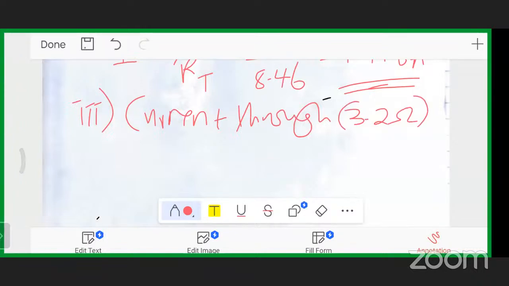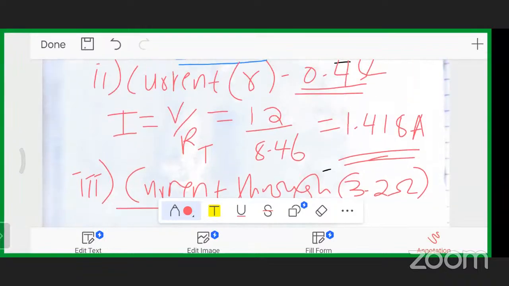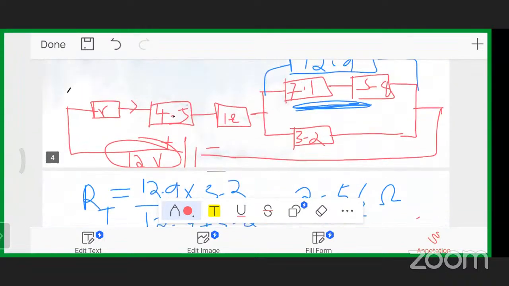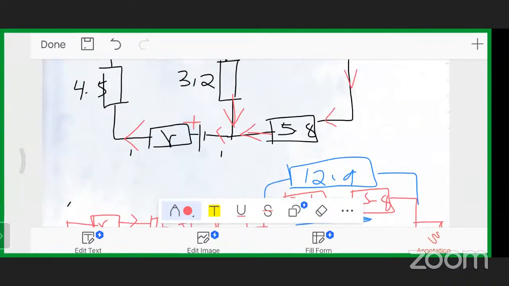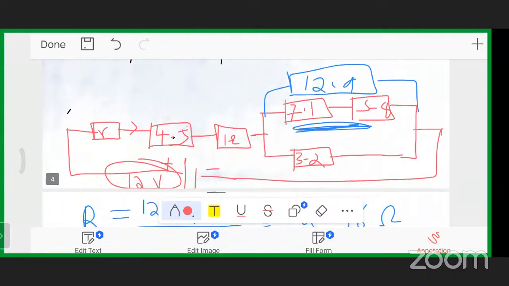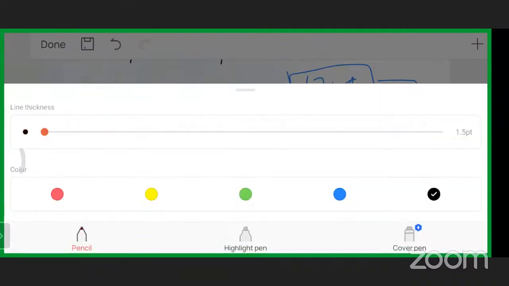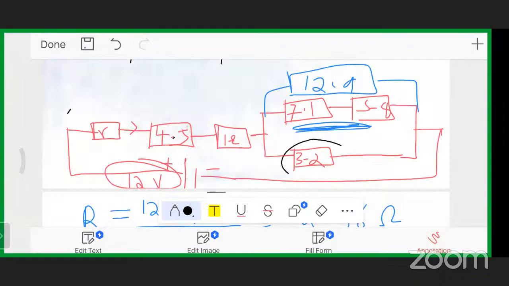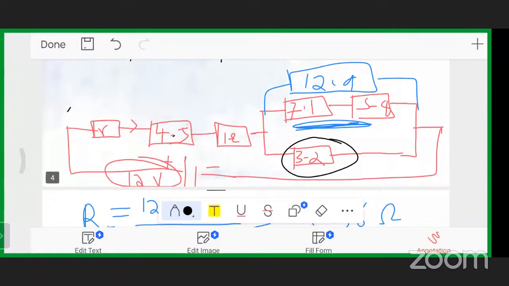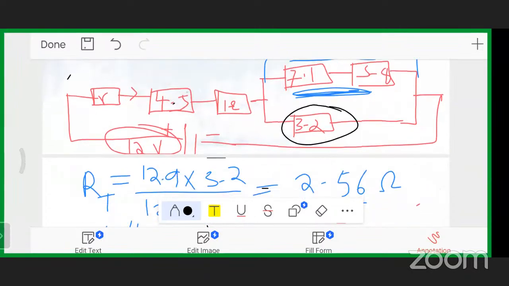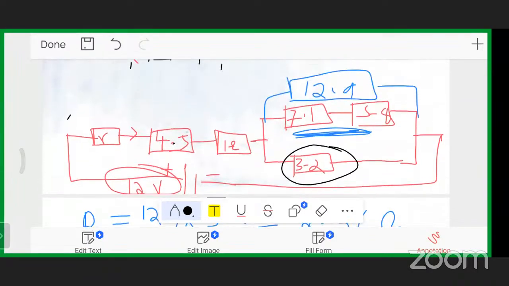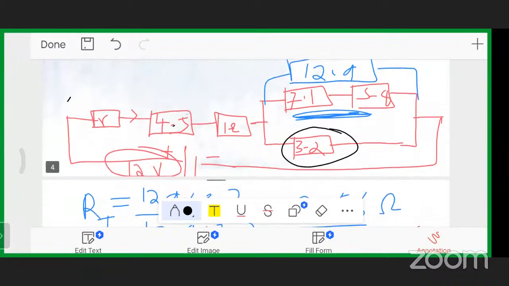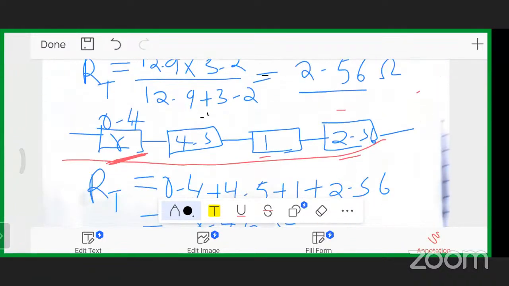So let's check where that 3.2 ohm resistor is in our reduced system. 3.2 is somewhere here. It is here. This is where it belongs. So if it is there, then we go back. Whatever was there was reduced to two resistors which were in parallel, and then again was reduced to this 2.56.